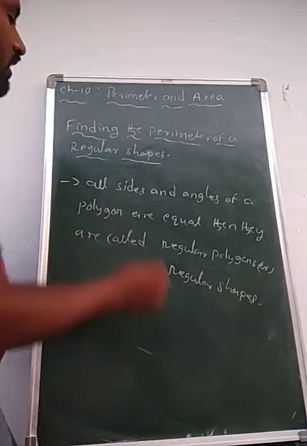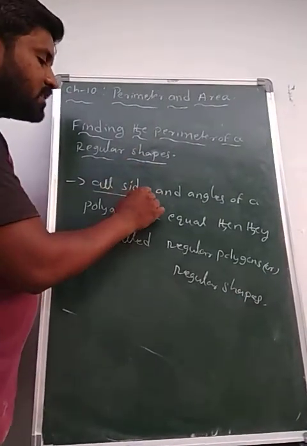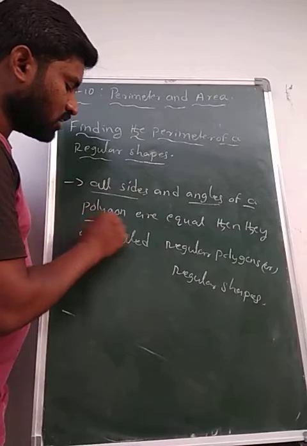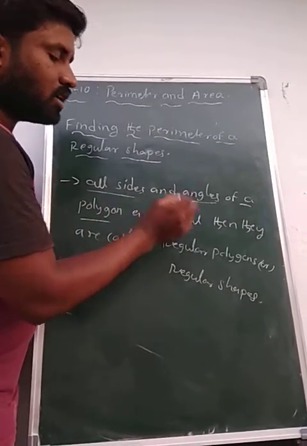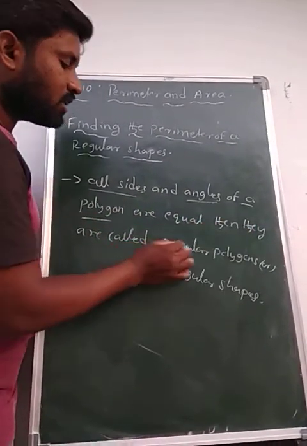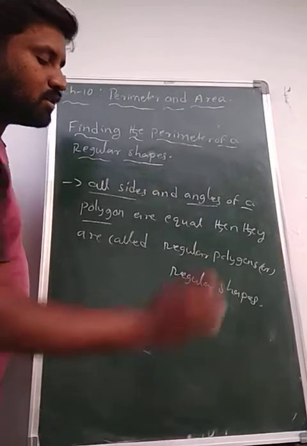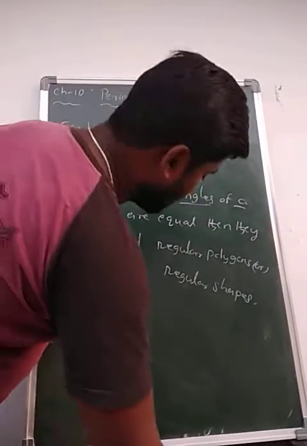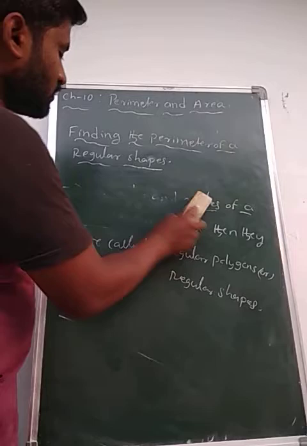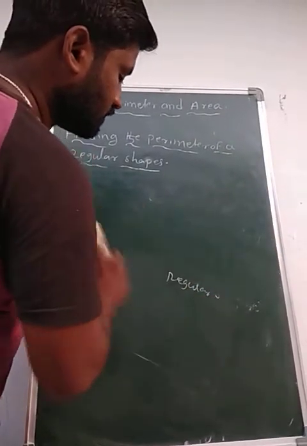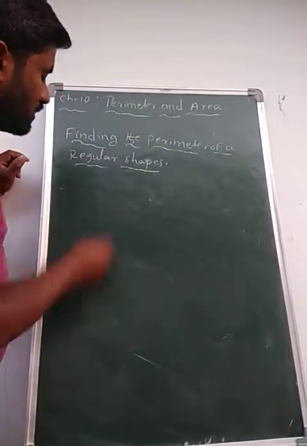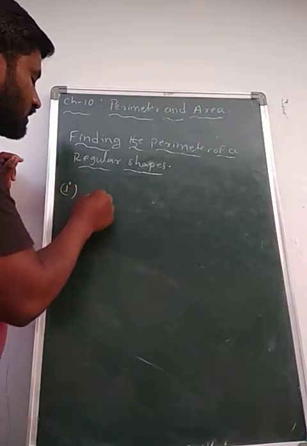Students, regular shapes means all sides and angles of a polygon are equal, then they are called regular polygons or regular shapes. Now I am going to take the first one, which is the square. The first regular polygon is the square.